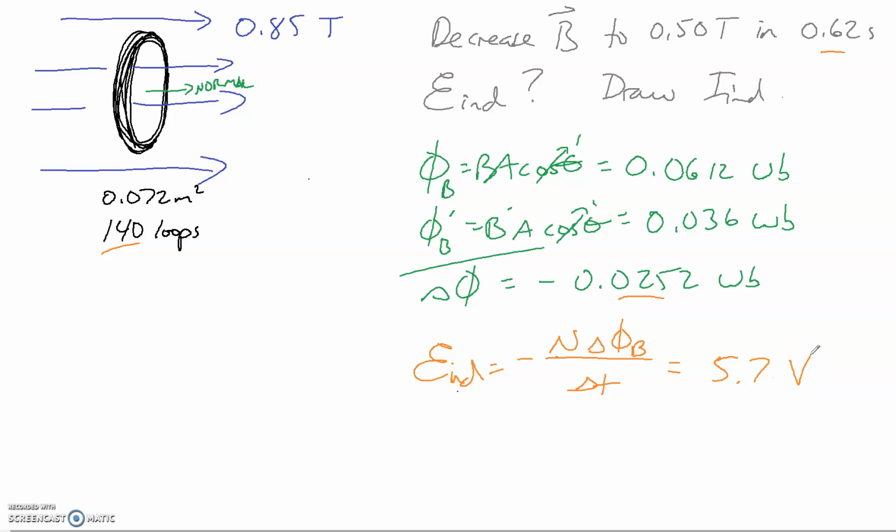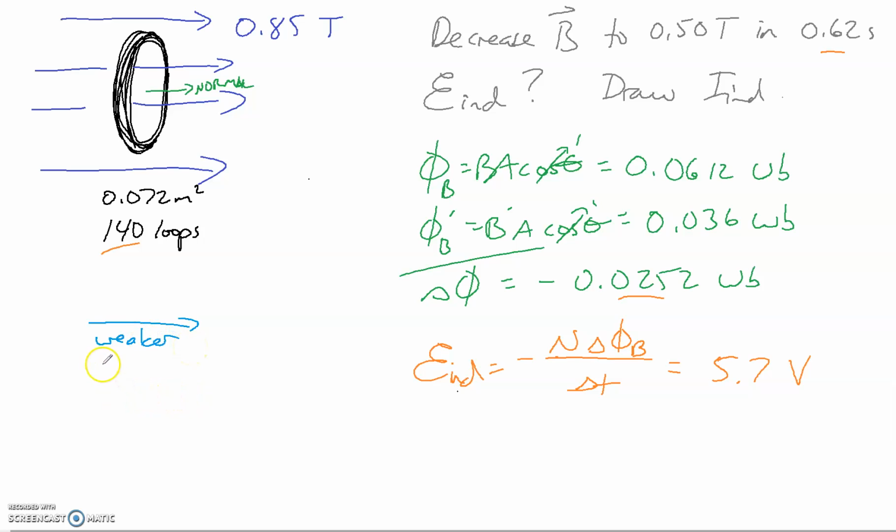Okay, so there's your basic induced EMF calculation. Now let's see if we can find the induced current. Looking at it the way we did before in the sheets, the magnetic field inside the loop was going towards the right, and it got weaker.